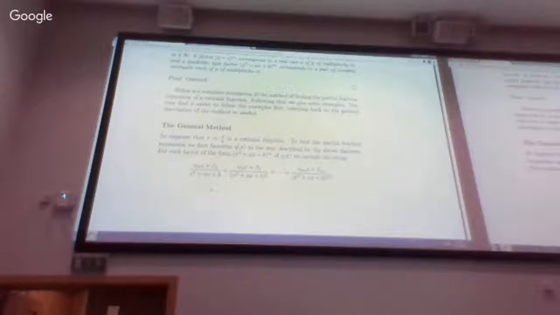So if you have x squared plus ax plus b to the power n as a factor of Q of x, then you've got n different fractions: 1 over x squared plus ax plus b, 1 over x squared plus ax plus b squared, 1 over the polynomial cubed, etc., all the way up to 1 over the quadratic polynomial to the power n.